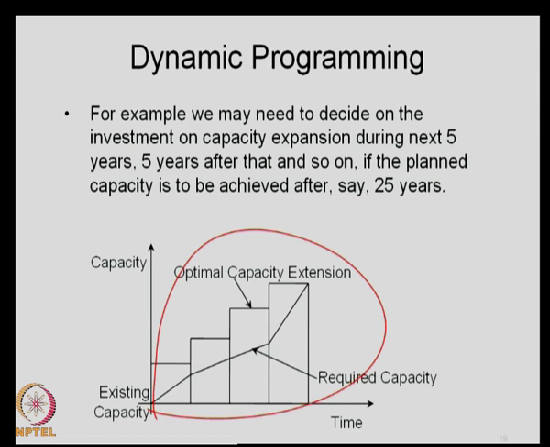And we are talking about the present worth of investment. So, we ask the question, given the existing capacity, what should be my expansion during the first 5 years, next time periods, next 5 years, next 5 years, and so on, such that the present worth of investment which we are in fact making in the future is a minimum.